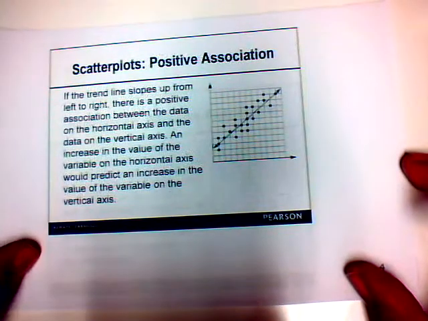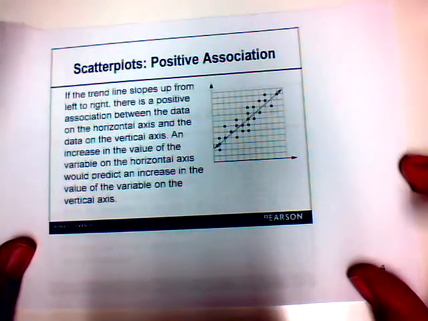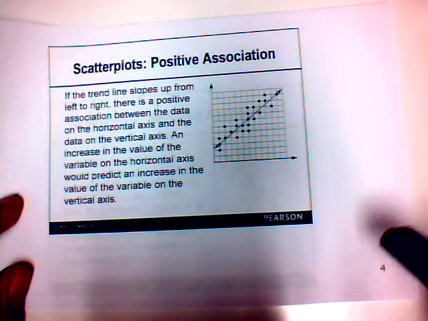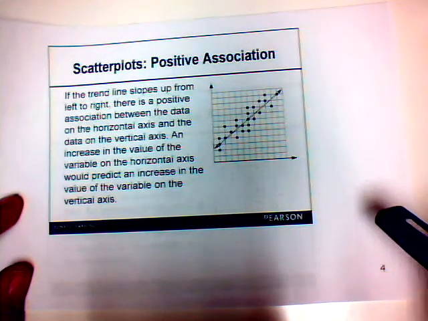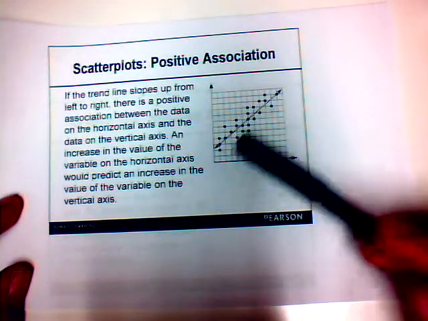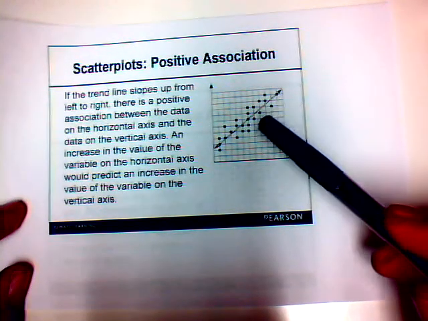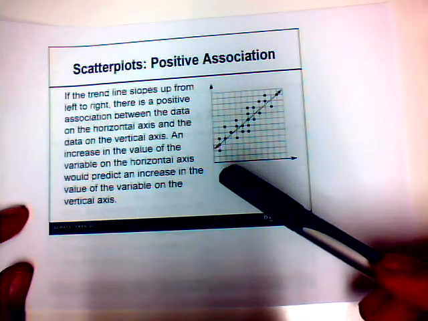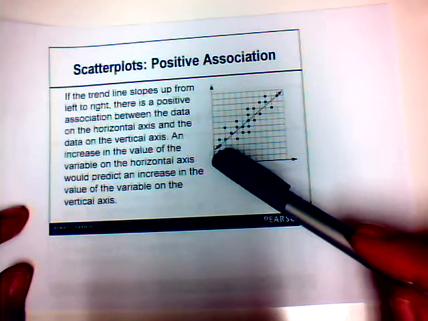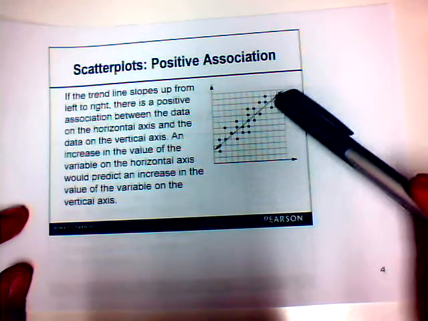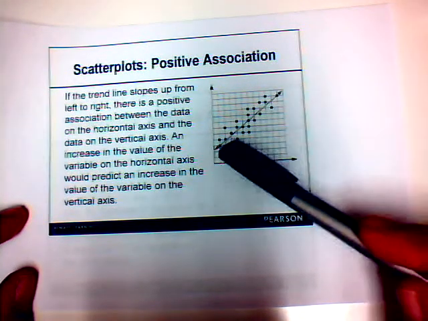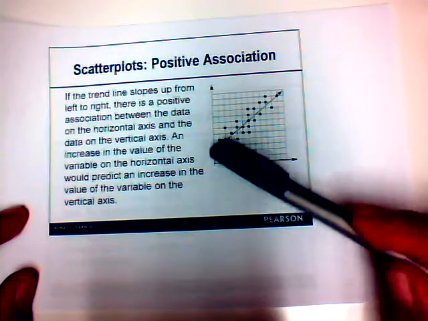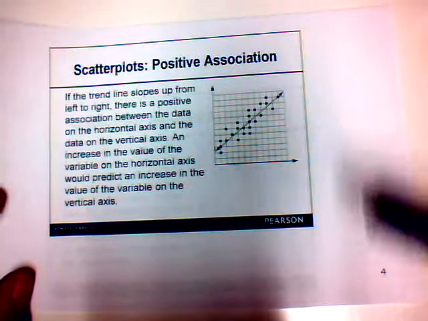If the trend line slopes up from left to right, there is a positive association between the data on the horizontal axis and the data on the vertical axis. An increase in the value of the variable on the horizontal axis would predict an increase in the value of the variable on the vertical axis. So here we have a positive association, meaning as the value of x increases, the value of y increases as well.